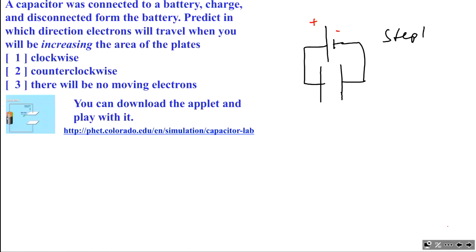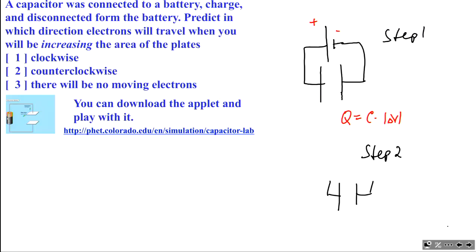After step one has been completed, this capacitor has a certain charge, which will be equal to capacitance times the voltage provided by the battery. Now, step two. We disconnect the battery.